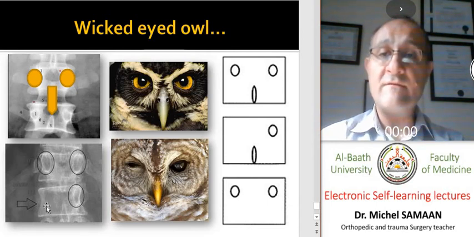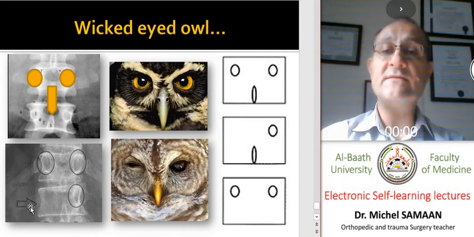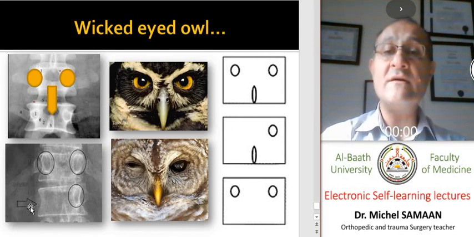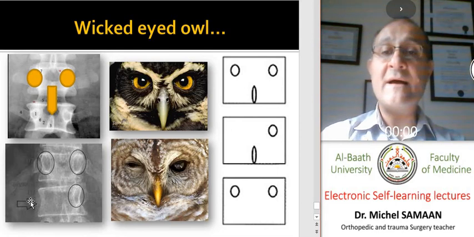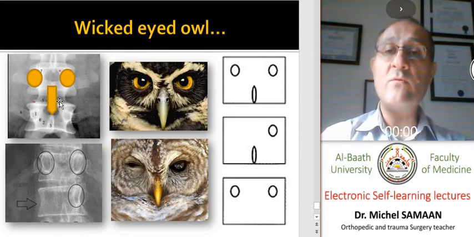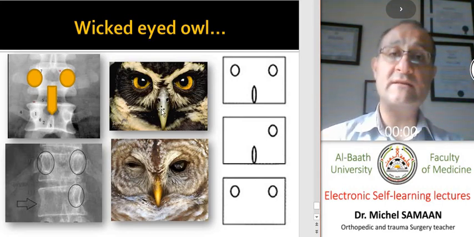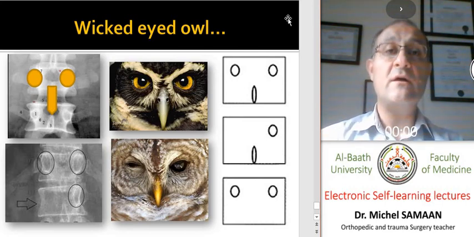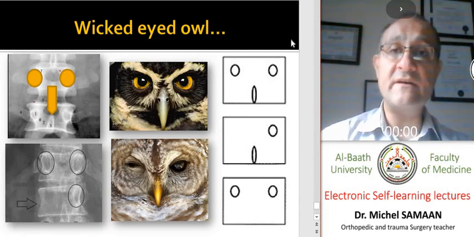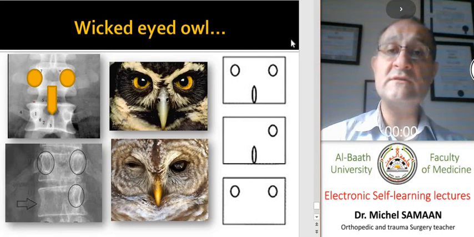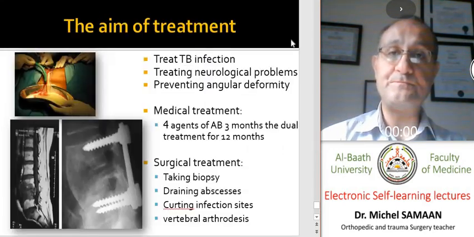If we have a winking owl, this indicates osteolytic lesions and the absence of a pedicle. The absence of any one of these features indicates the presence of osteolytic lesions, and we should note this very carefully because it may indicate vertebral tuberculosis or a vertebral tumor.